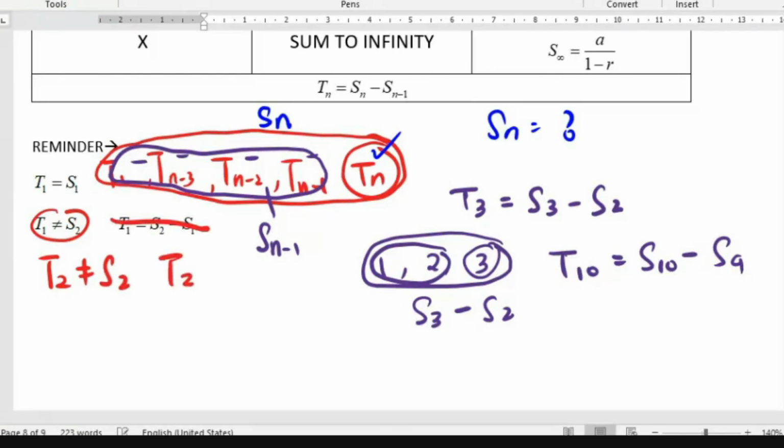T2, betul kan ini nota? T2 is not equal to S2. T2 akan sama dengan S2 minus S1. Because T maksudnya sebutan tertentu sahaja. Kalau S means already sum together overall.